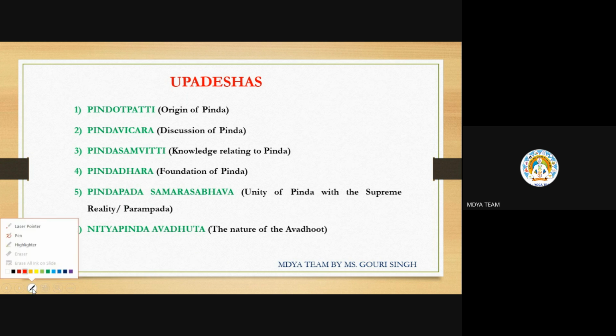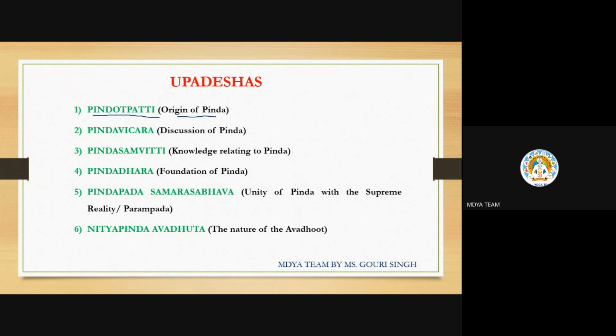So this is the sequence you have to remember. The first chapter is Pinda Utpatti, the origin of the Pinda, how this body is created. I have said repeatedly that Pinda means body. Like in Ghatastha Yoga, it is described in which text?